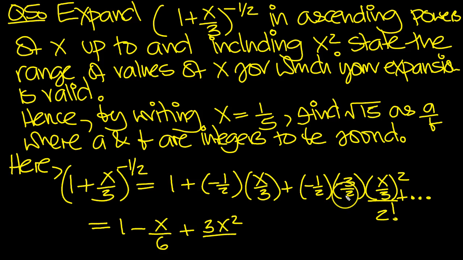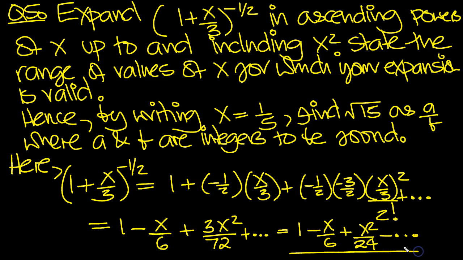Underneath we've got 2 times 2 times 2, which is 8, times 9 is 72. Plus dot dot dot. Let's just double check that. Minus times minus is a plus. 3x squared on top, and 2 times 2 times 2 is 8, times 9 is 72. So we got 1 minus x over 6, plus, here there's a 3 common, x squared over 24, isn't it?